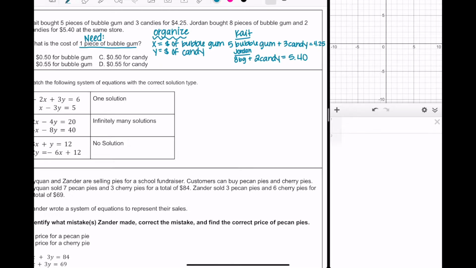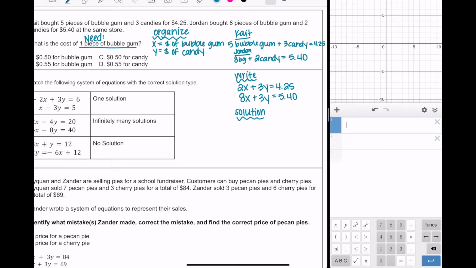So to write our 2 equations here, that would be 2 bubble gums, so 2x, plus 3 candies would be 3y equals $4.25. And 8 bubble gums plus 3 candies is $5.40. Then we need to find that solution. Okay, so our solution is going to be the point where these lines intersect.